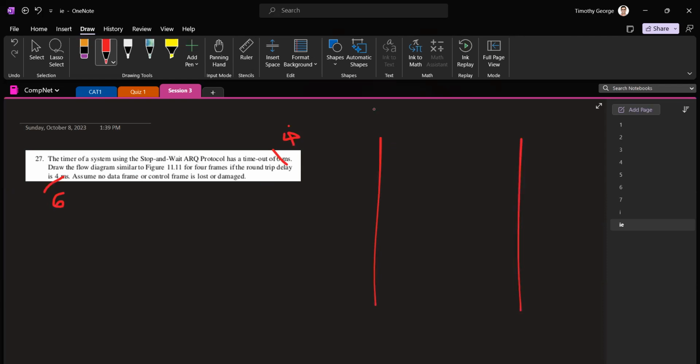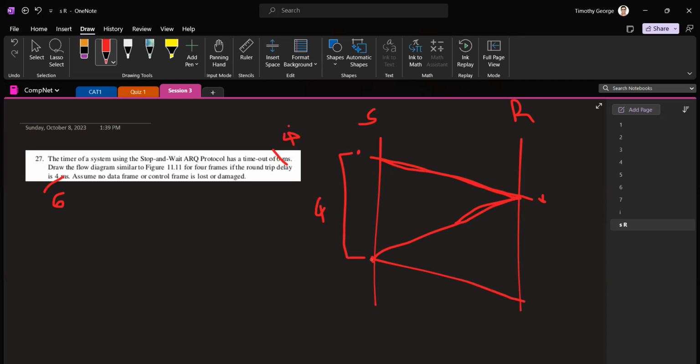You have sender and receiver. The sender sends to the receiver, and the receiver would try to acknowledge, but before that happens, the sender would have sent the next one. The timer here is 4. For the frame to go all the way and come back would take 6. But before that, the timer will run out because it's only 4.